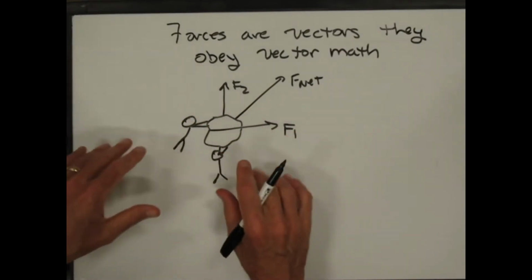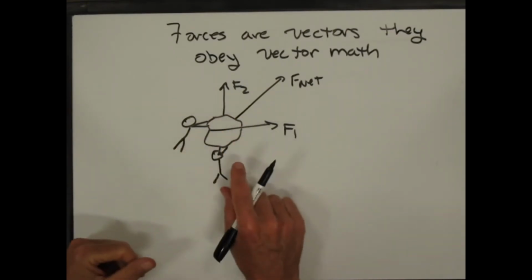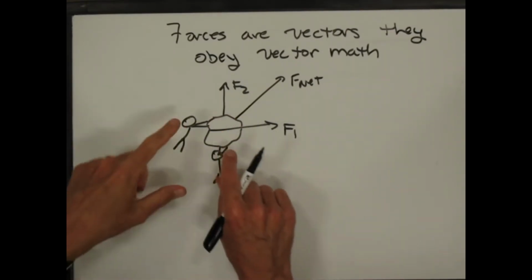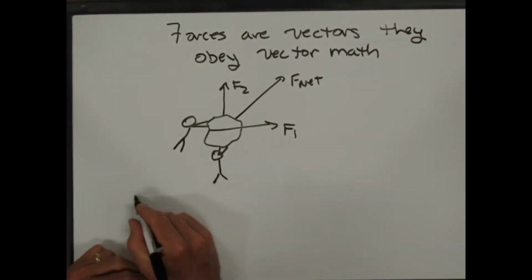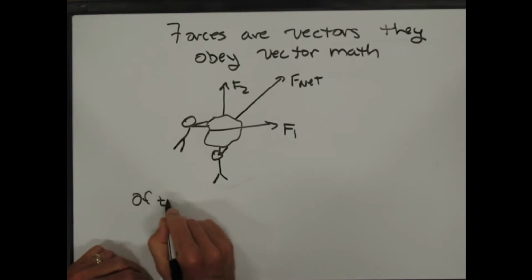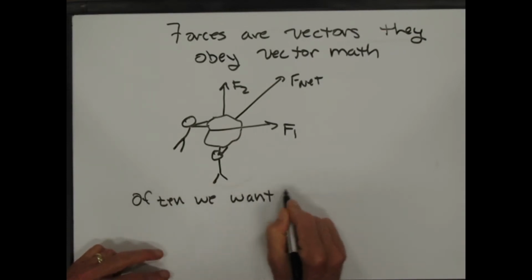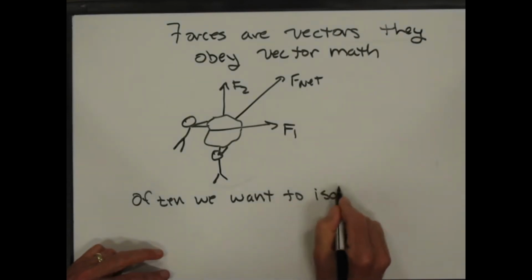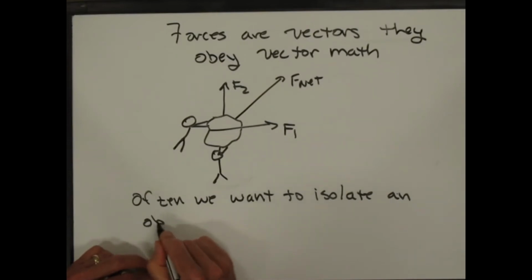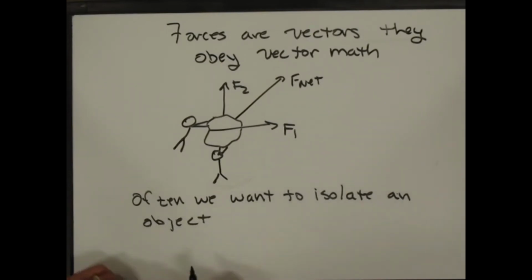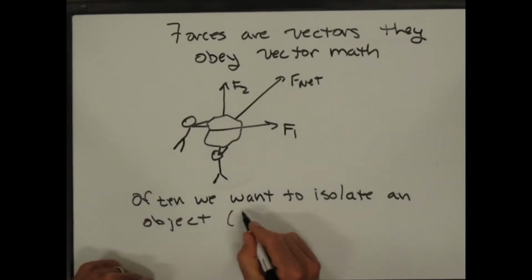Notice we're not really talking about how the boulder is pushing on these people who are pushing on the boulder, or other forces. We're just looking at what's happening to the boulder. Often we want to isolate an object. And so we just say we're just interested in this boulder in this problem.